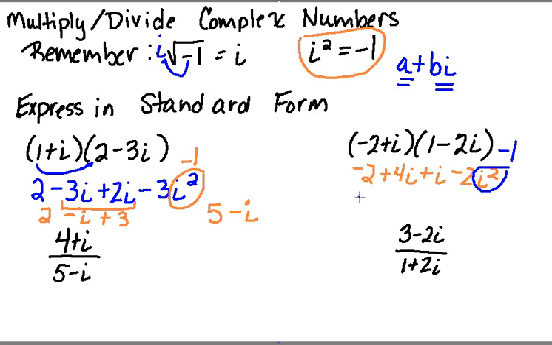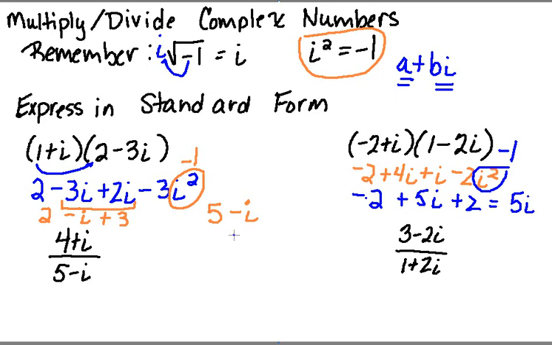So I've got -2. I can combine these two terms, 4i plus 1i equals 5i. And then over here I've got -2 times the -1, so that's going to yield a positive 2. In this example, my -2 plus 2 yields 0, so I'm going to be left with just 5i.